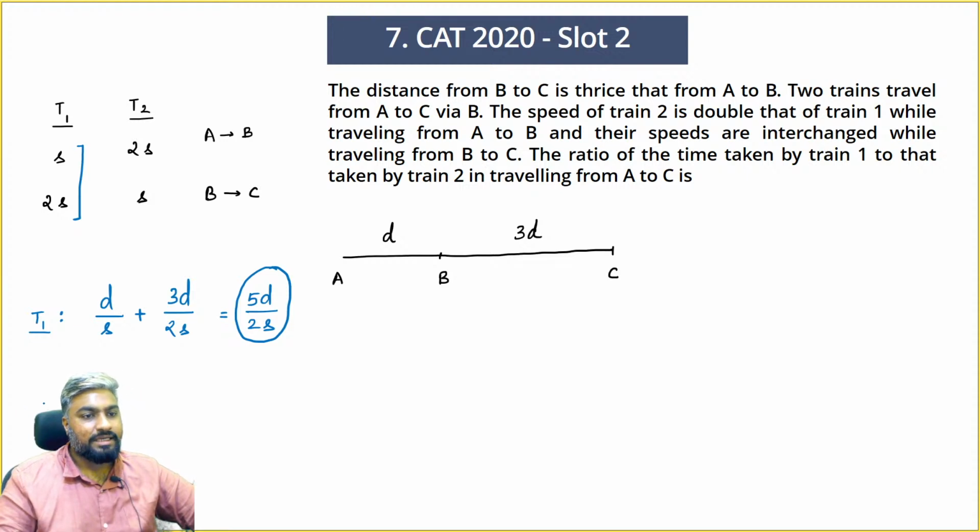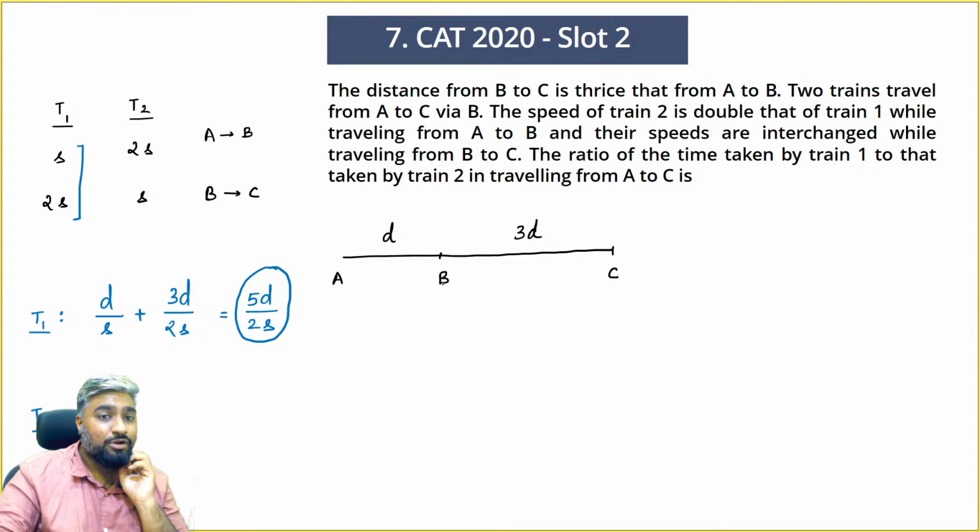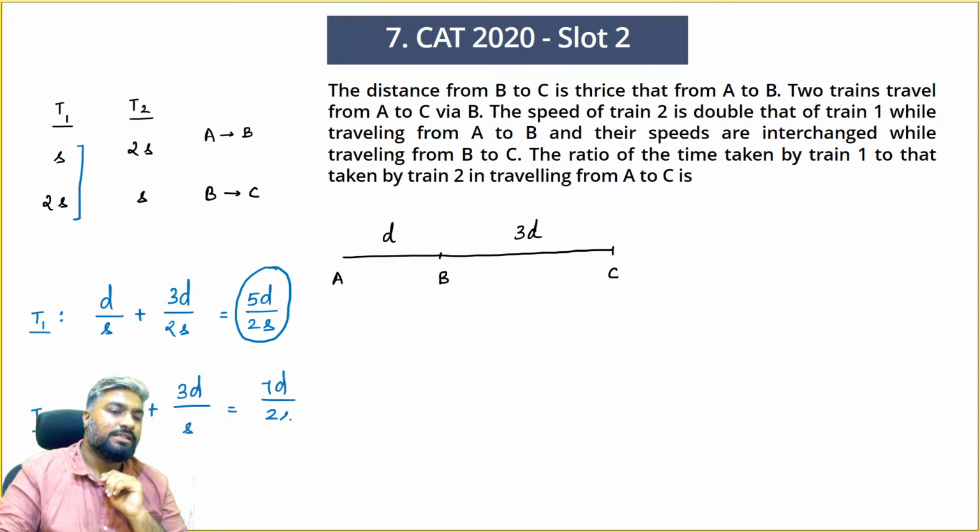Next, look at train 2's case. A to B is traveled at 2S, so D by 2S, plus B to C, that is 3D, is traveled at a speed of S. Take the LCM again: 6D plus D, 7D by 2S. This is the time taken by train 2.